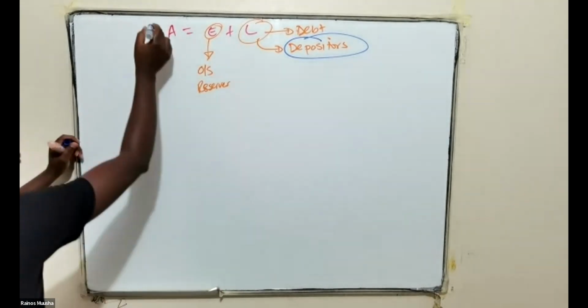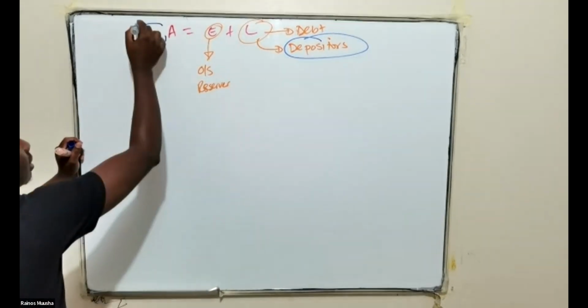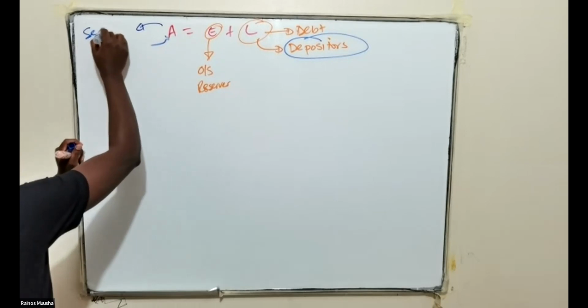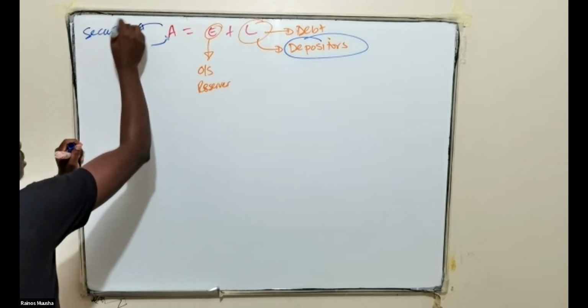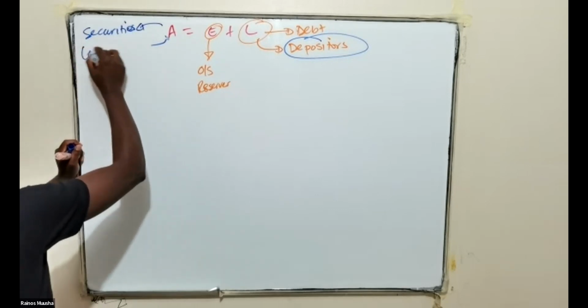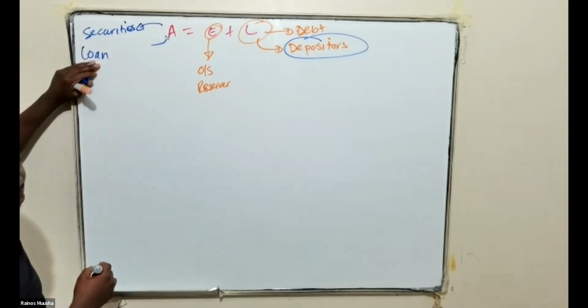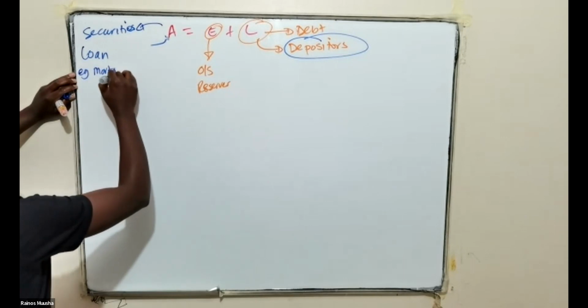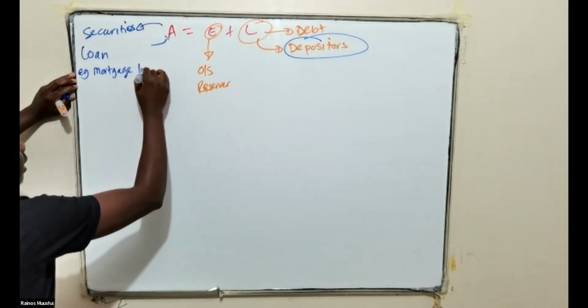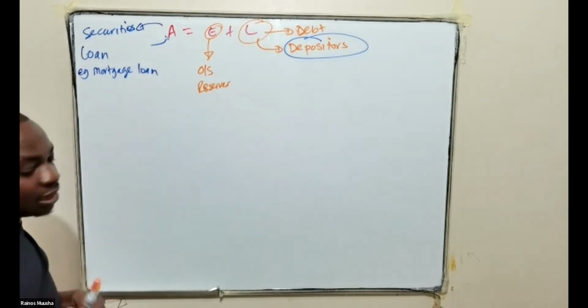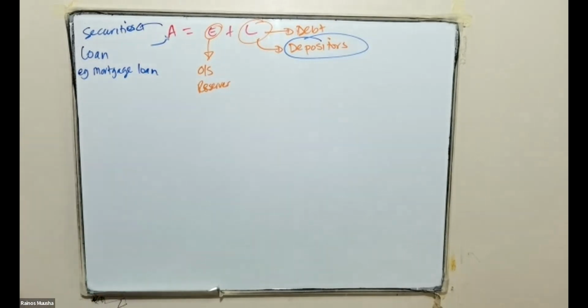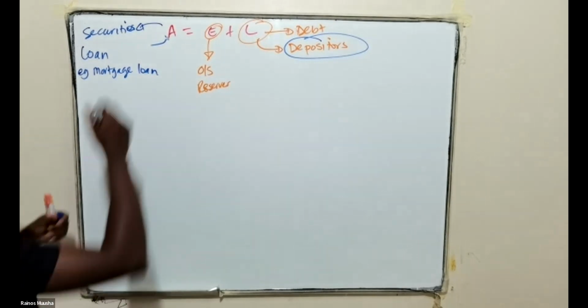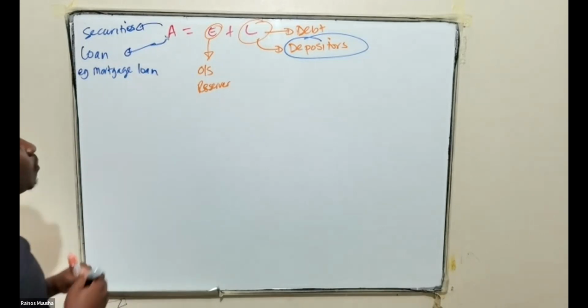So what does the bank do when they take that money? Remember, they invest it in securities. What else do they do? They give out loans to other customers, for example, mortgage loans, where if you want to buy a house, the bank will say, we'll give you a loan and you pay it back over a period of, let's say, 20 years as well.